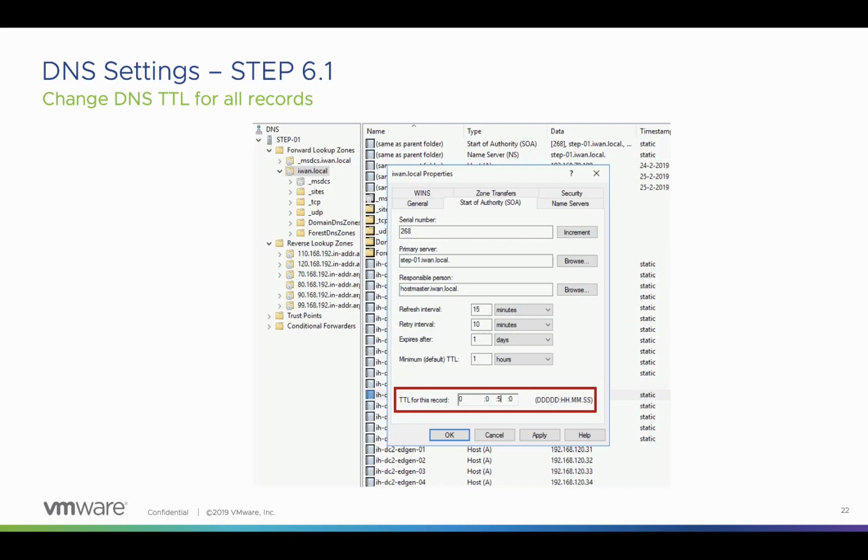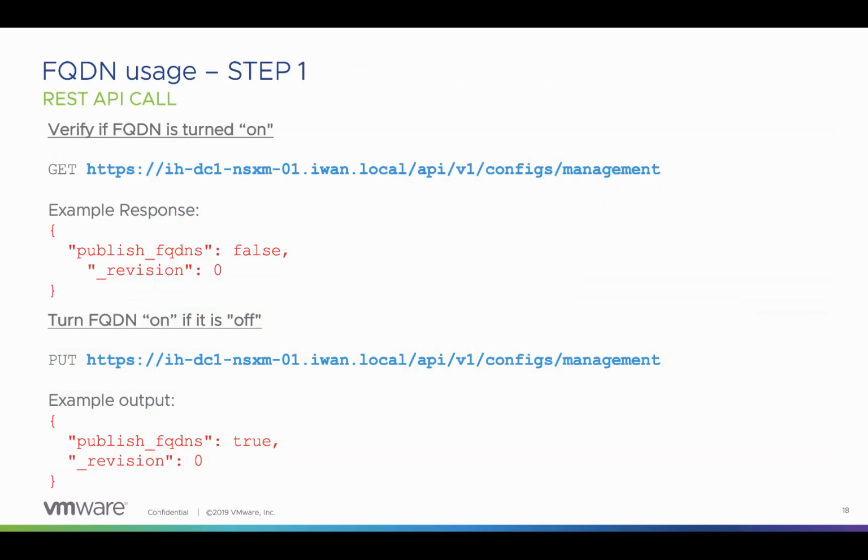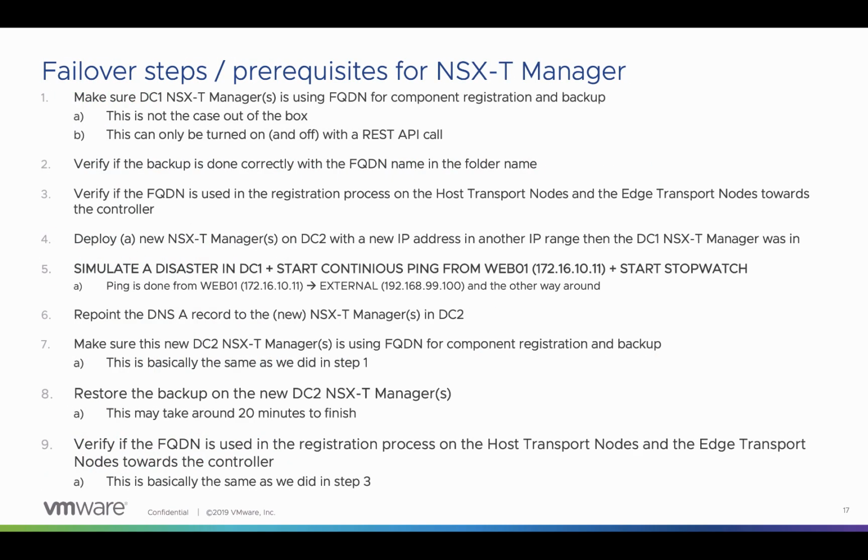If we take one step back and look at the steps again, we're now at step 6 actually. Step 5, we're now going to simulate a disaster. This is going to be fun.